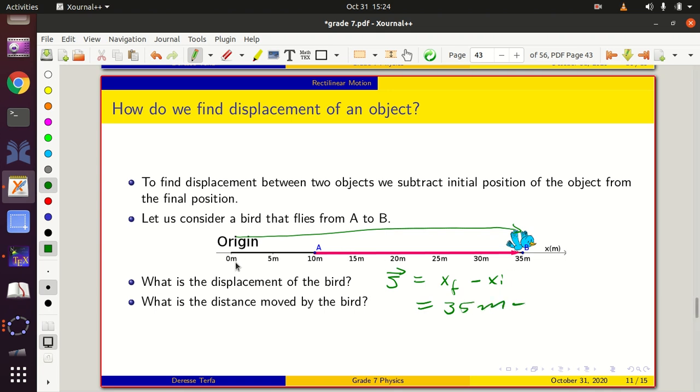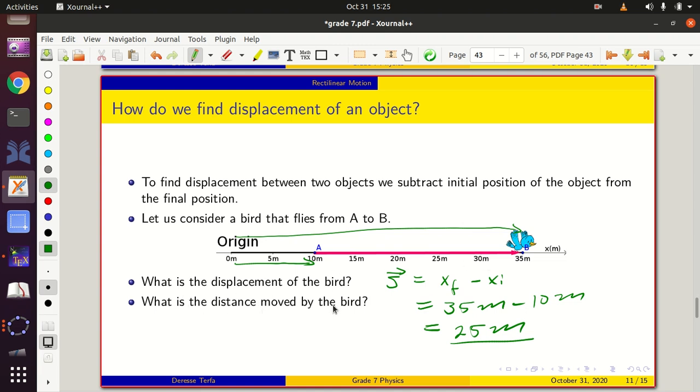And the initial position of the bird is 10 meter from the origin. Therefore, 35 meter minus 10 meter is equal to 25 meter, which is positive, which means the bird flies to the right.